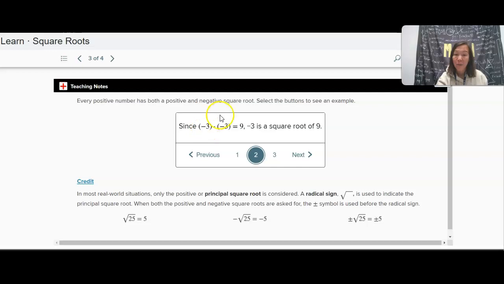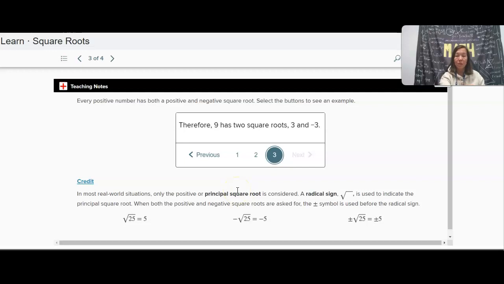But negative 3 times negative 3 also equals 9, so negative 3 is also a square root of 9. So technically, any positive number that we take the square root of has two square roots, positive and negative of those.